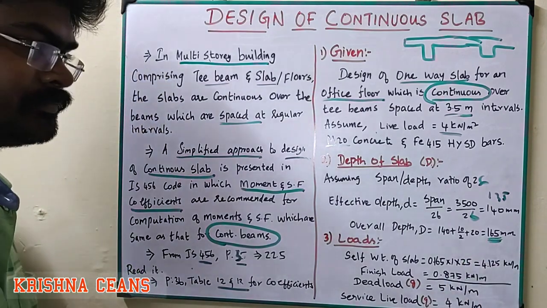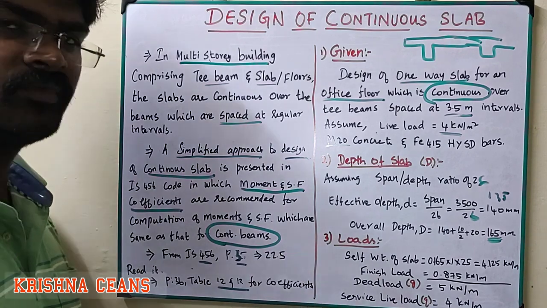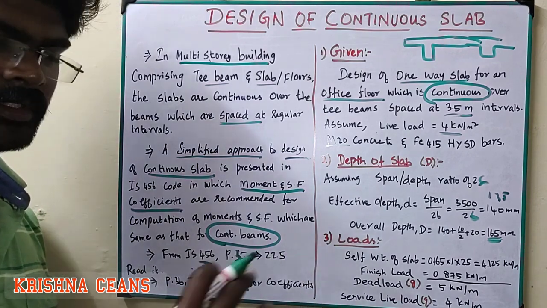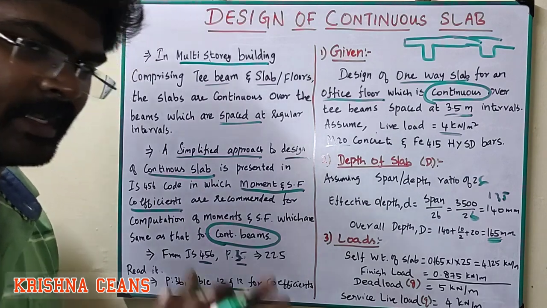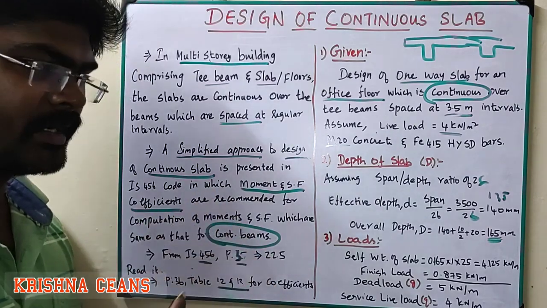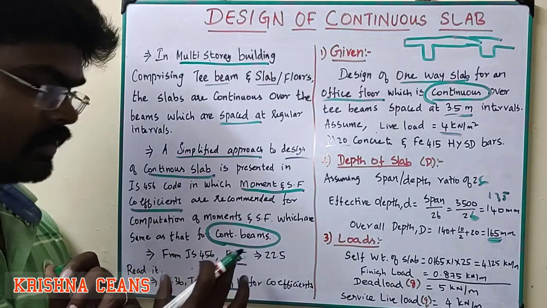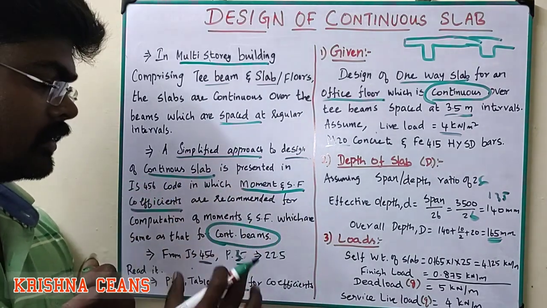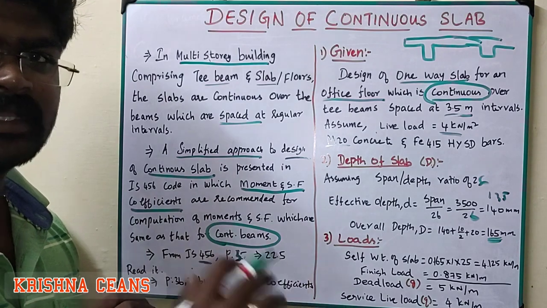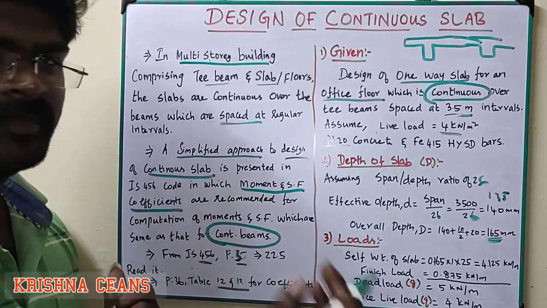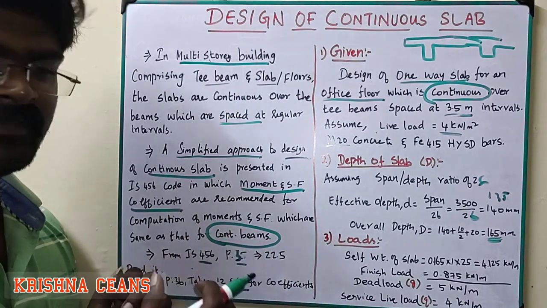Okay, is it clear? Next we will go for the load calculation. In the continuous slab we will calculate the dead load and the live load separately, because we take the moment coefficient as well as the shear coefficient, so it will be very easy to identify separately.